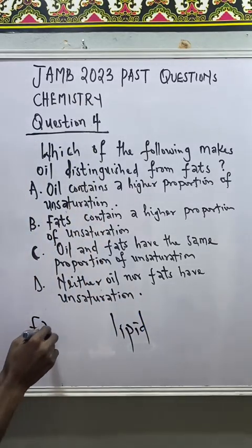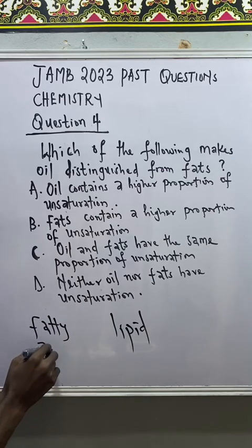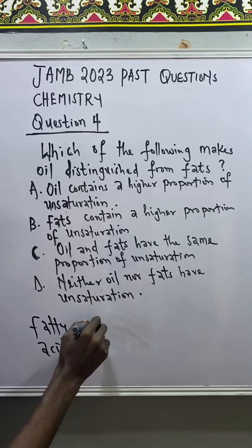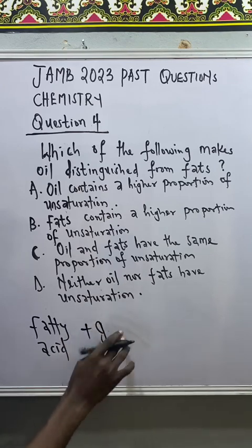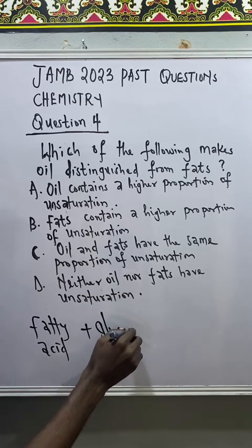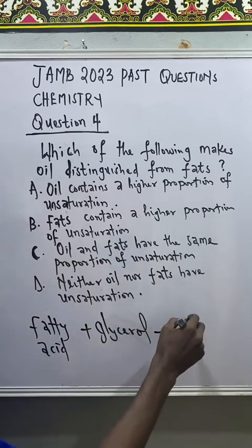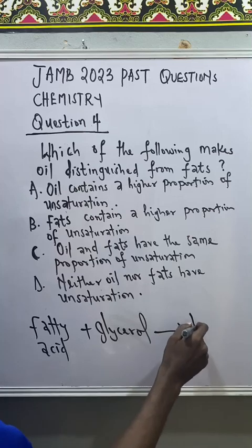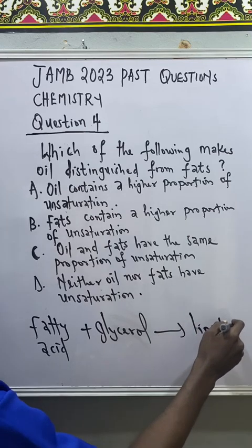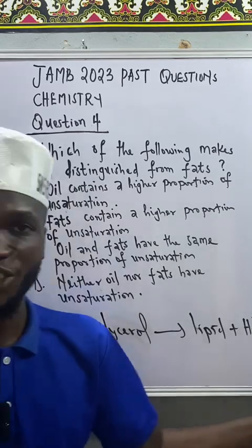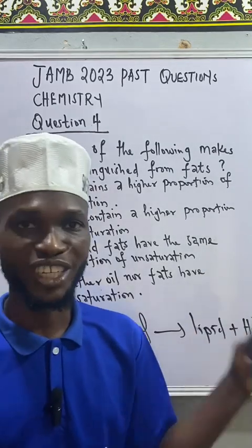So when we combine fatty acid with glycerol, this will lead us to fats and oil, lipid, with the production of water molecules. So this is the reaction that leads to the production of lipids.